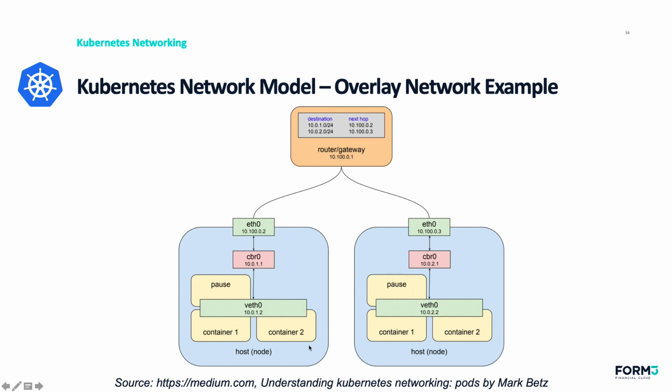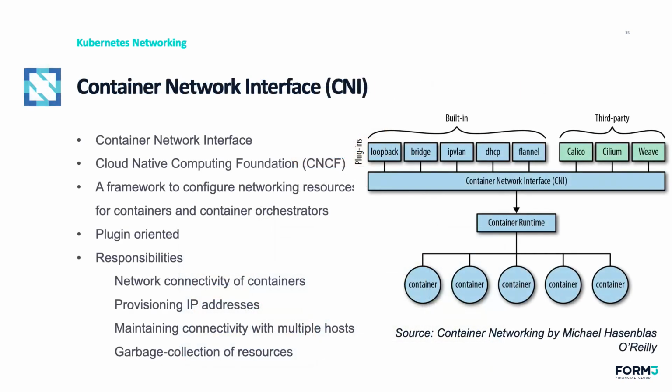So when we want to communicate from one pod or container inside a pod on a given Kubernetes host node, we go through virtual Ethernet cards, virtual physical interfaces, via the routing table, and go to another pod in a similar way.